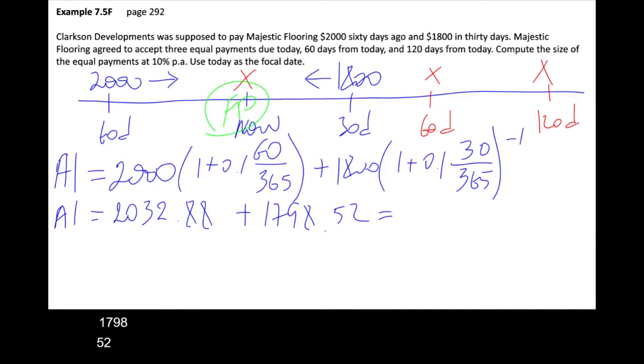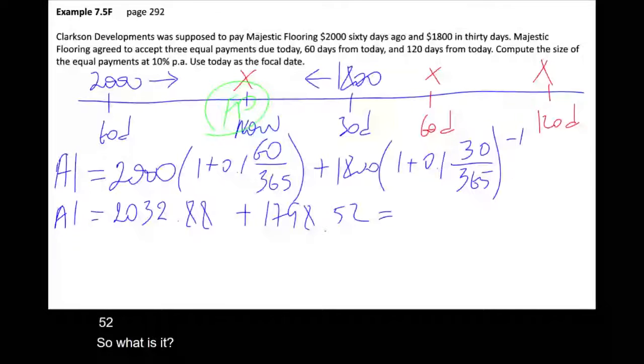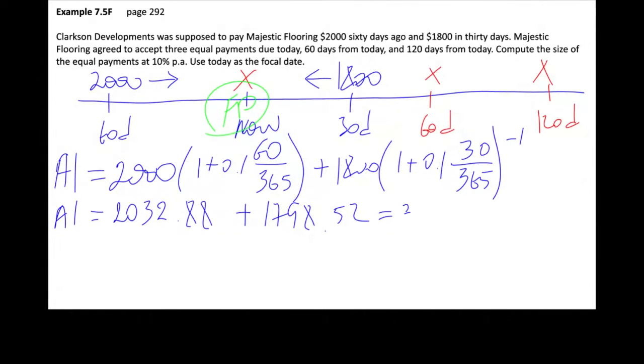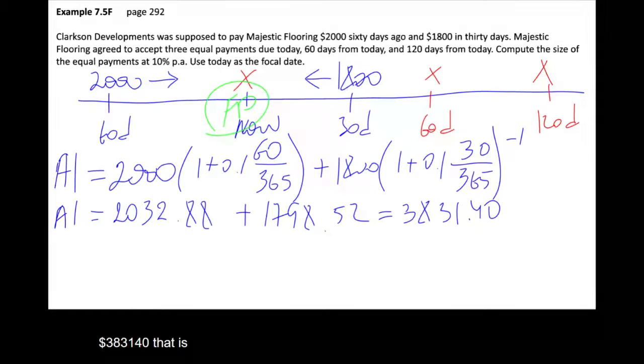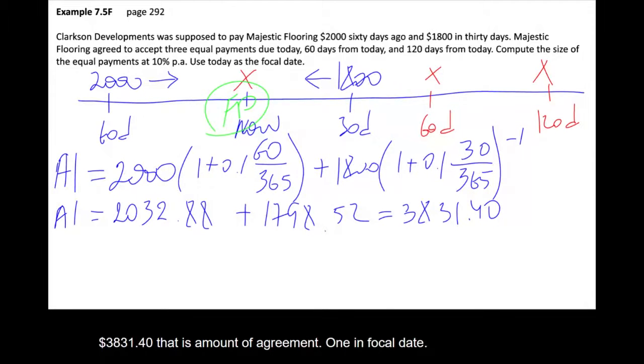Okay, so what is it? $3,831.40. That is the amount of agreement 1 in the focal date. Please confirm my number.